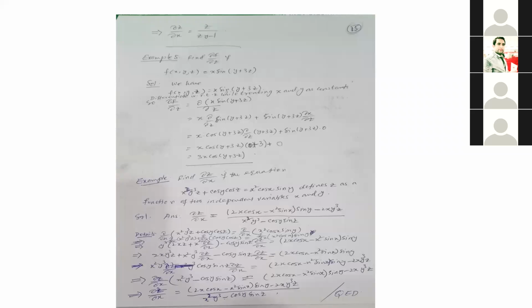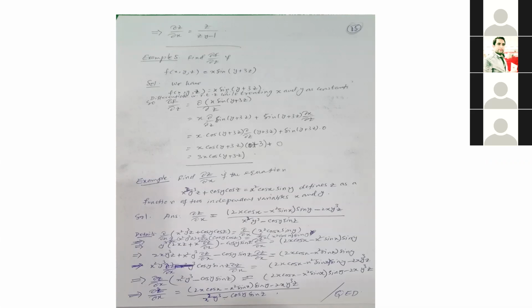And you can write this in the form as x into cos of y plus 3z, and then applying the sum rule, that is del y over del z, which is 0, plus 3 times del z over del z, which is 1. So this is 3, and from the last term you get 0, because we are multiplying sine of y plus 3z with 0.